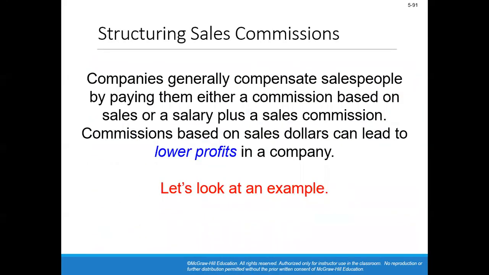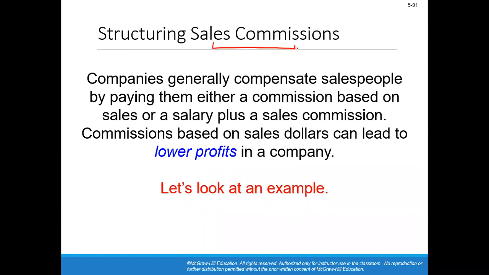In that case, we have some remaining discussion on structuring sales commission. That is interesting, how we can structure our sales commission. I probably talked about it, but I would like to reiterate that companies compensate salespeople with sales commission.